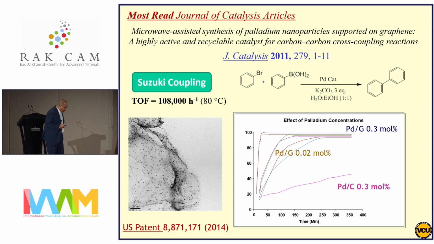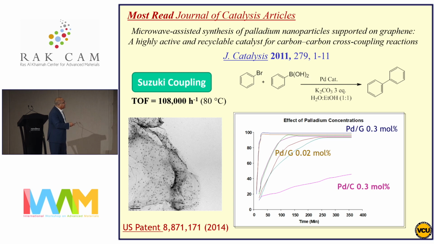Our first reaction was done a long time ago, in 2011, and that's the Suzuki coupling between bromobenzene and boronic acid. And you can see the conversion curves here. This catalyst was very active. You can see within less than 20, 30 minutes, 100% conversion at room temperature.